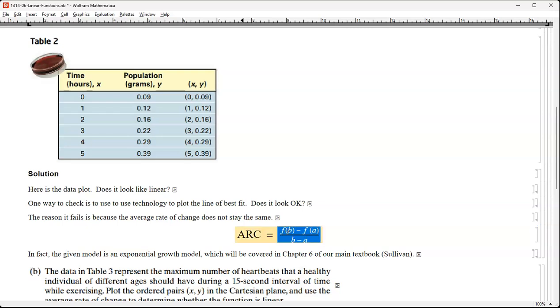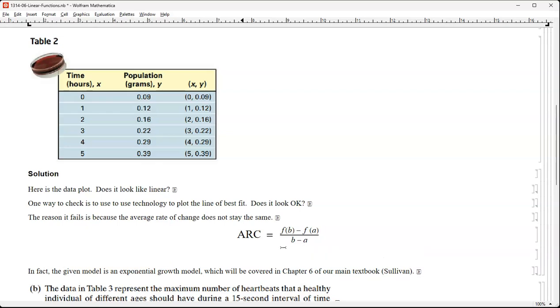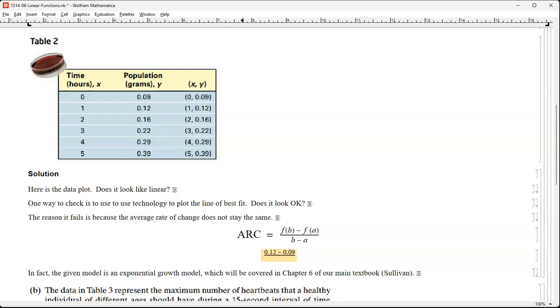Let's just do it over. So from 0 to 1, 0.012 minus 0.09 divided by 1 minus 0. And that's the quantity you're looking for.